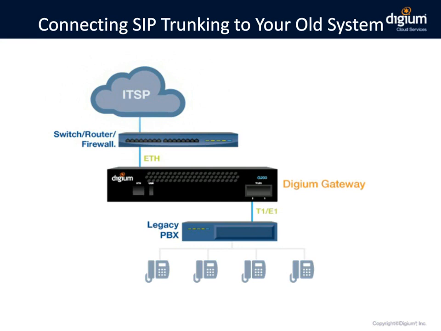It can allow you to take advantage of these 50 to 70% savings on your monthly phone bill and not upgrade your phone system. So it is absolutely possible to take advantage of that. If you have any questions about what you need to make that work, let us know, because we definitely have the gateways that can allow you to do that. And with the savings on your monthly phone bill, you can pay for that gateway in just a couple short months.